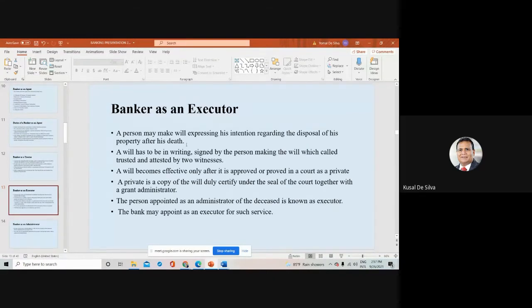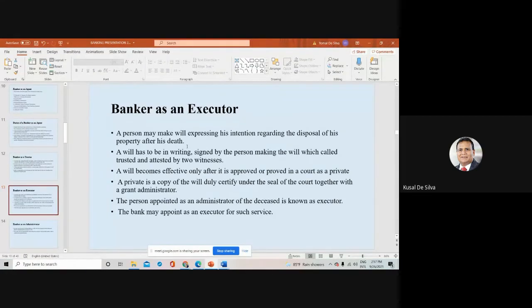When you die with a will, we call it the estate. You die with an estate, that is with a last will. The beneficiaries, who are going to benefit out of the last will, need to prove the last will in a court and obtain the letter of probate.